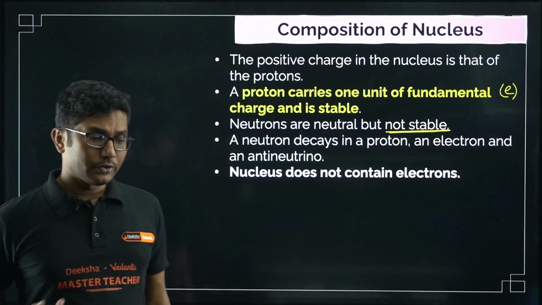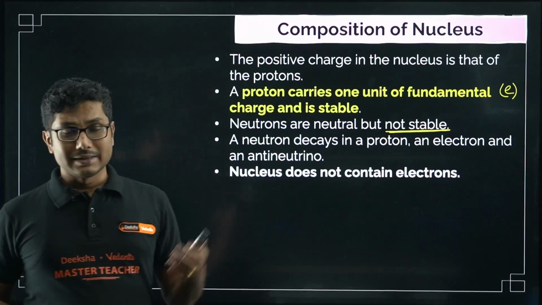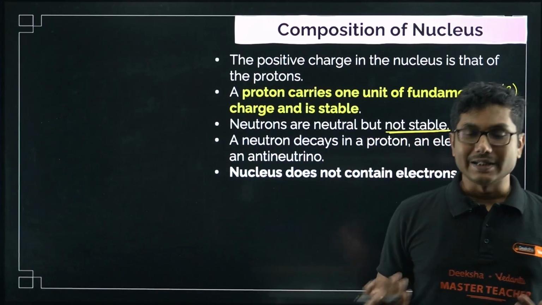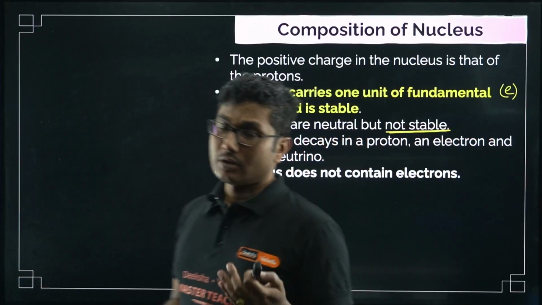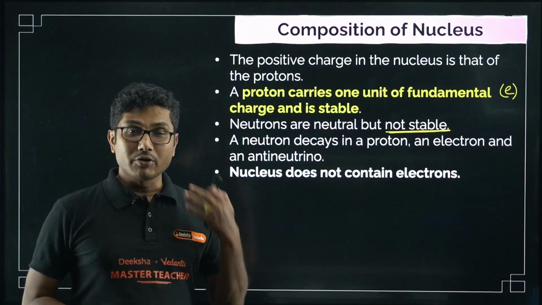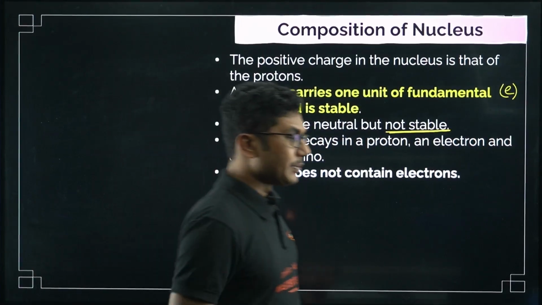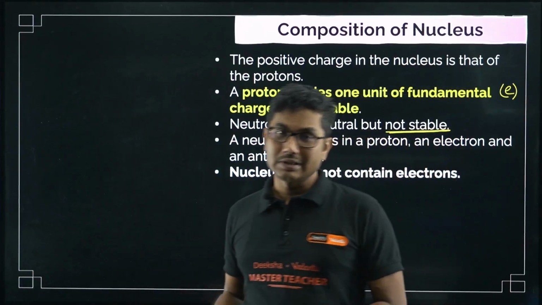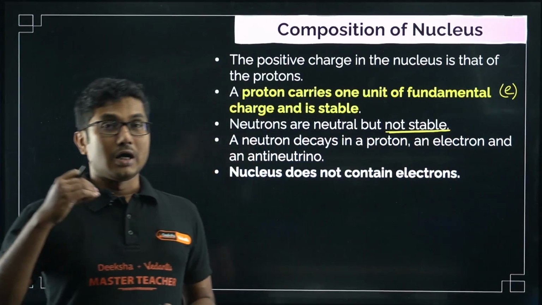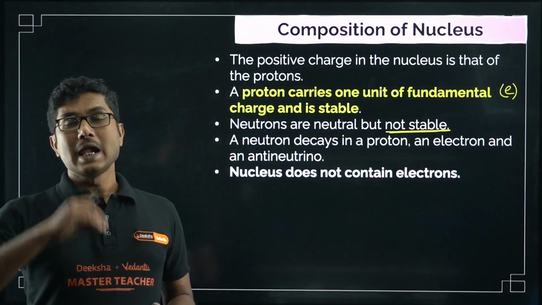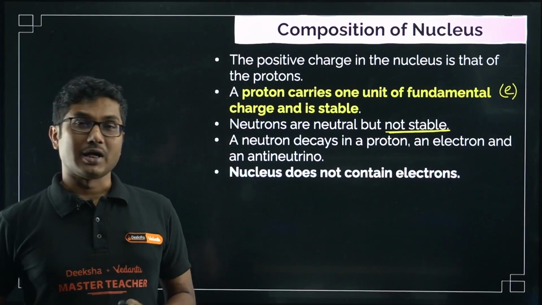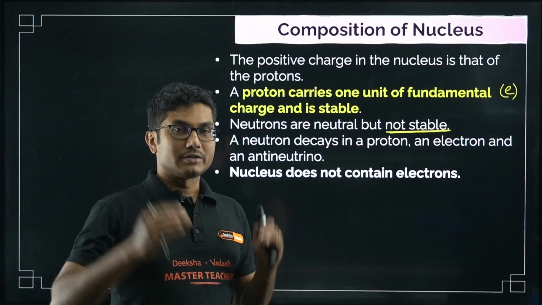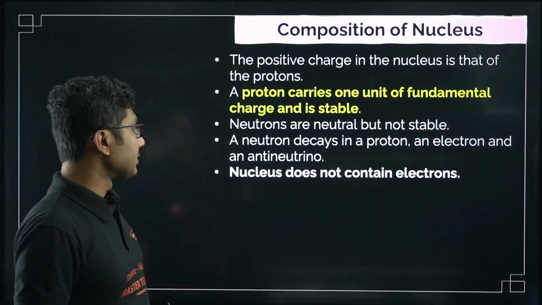Very, very important. For example, in beta decay, an electron comes out of the nucleus. Initially people thought the nucleus also has electrons, but later it was discovered that this is because a neutron is decaying, and that has nothing to do with a nuclear electron. Electron does not exist inside the nucleus.